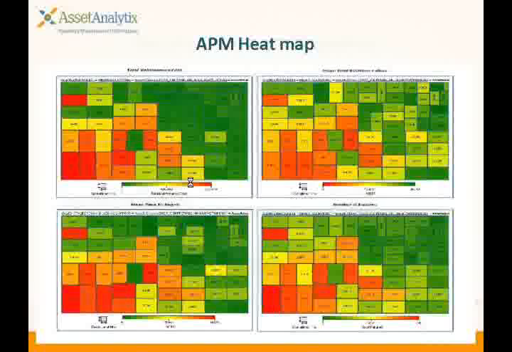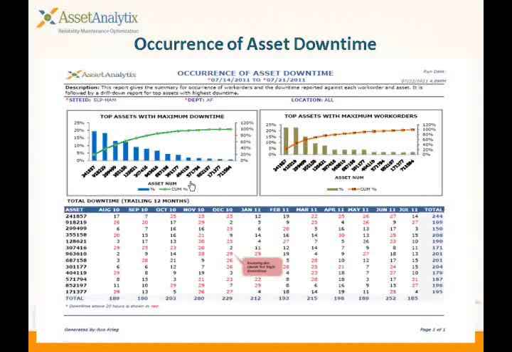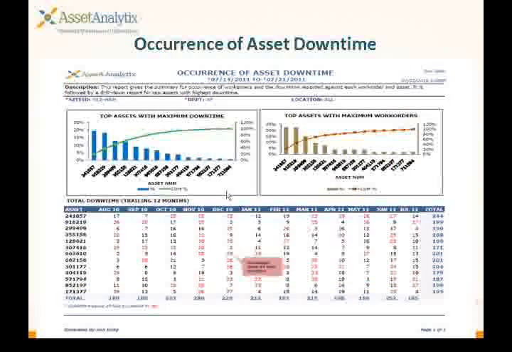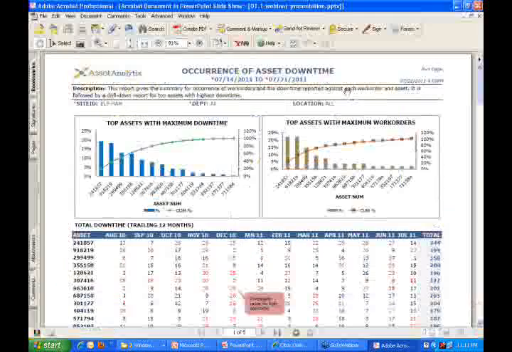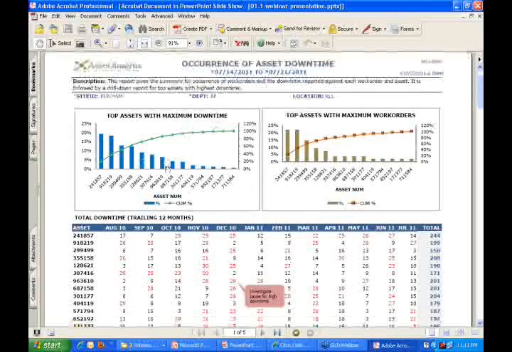So let's look at another report, which is actually showing you the occurrence of asset downtime. So here we are looking at different types of the top assets with maximum work orders. We are also looking at top assets with maximum downtime. This will help you highlight problem assets. Again, the idea is to identify bad actors.